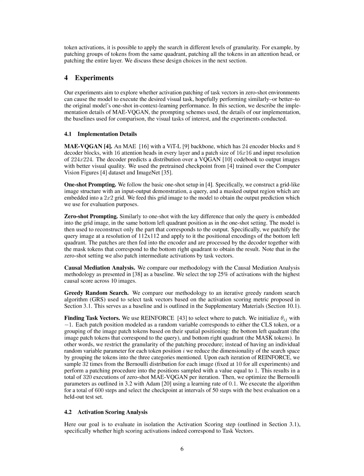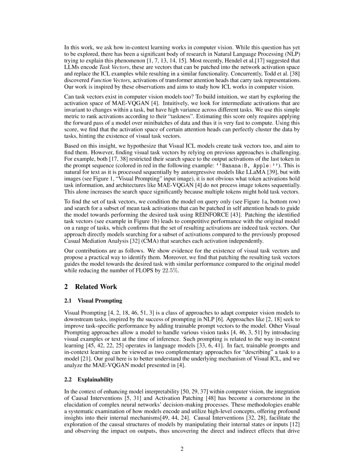These experiments help in understanding the optimal intervention strategies for effective task implementation. These experiments collectively provide a comprehensive validation of the proposed methodology, demonstrating its effectiveness in identifying and utilizing visual task vectors for in-context learning in computer vision models.